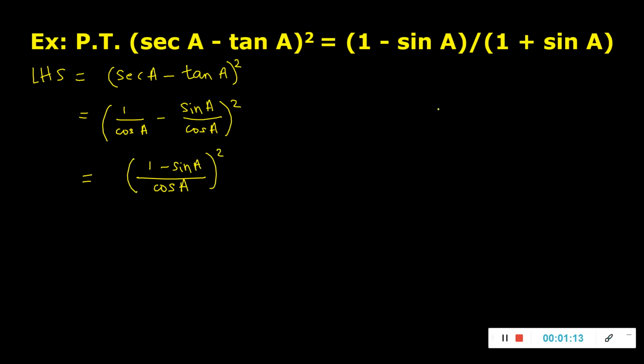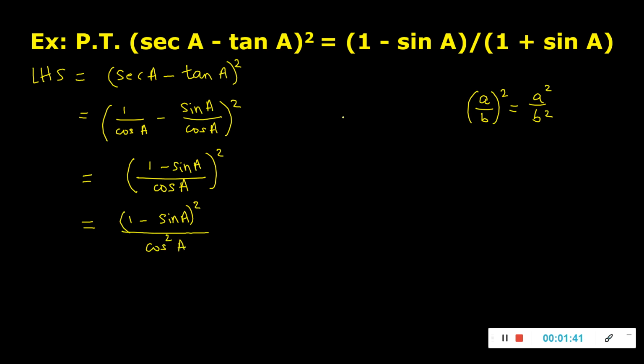Now, we know one important property of mathematical terms. If I have something like (a by b) whole square, I can write this as a square divided by b square. So I'm going to make use of this property and write it as (1 minus sine A) whole square divided by the square of the denominator, that means cos square A.